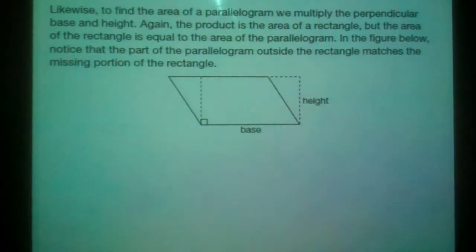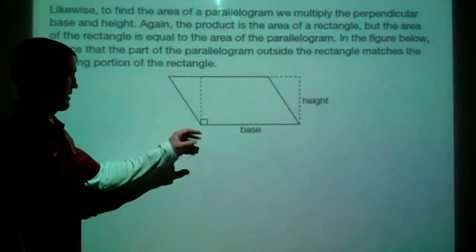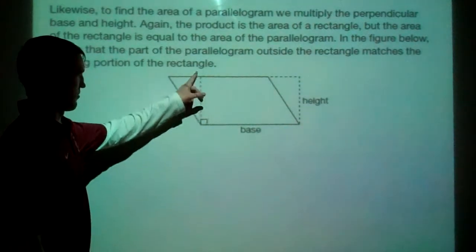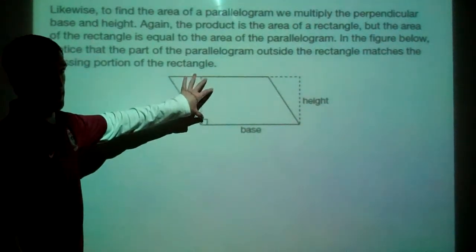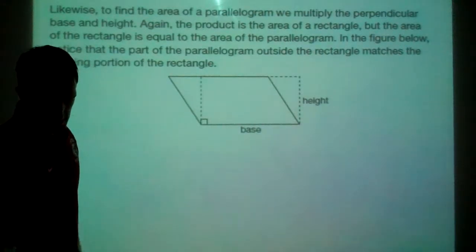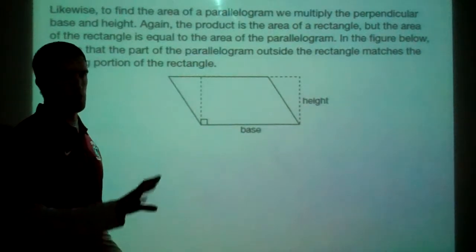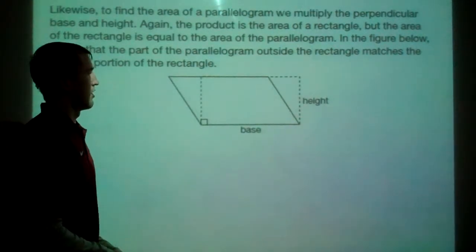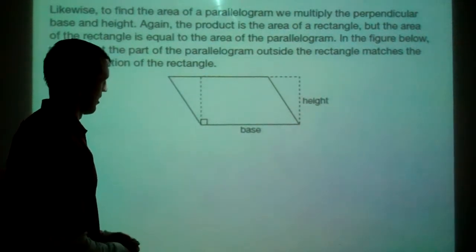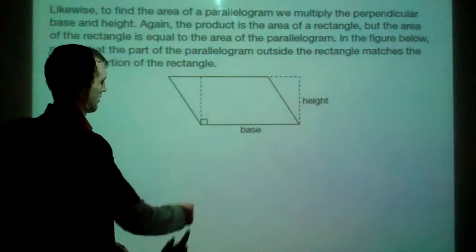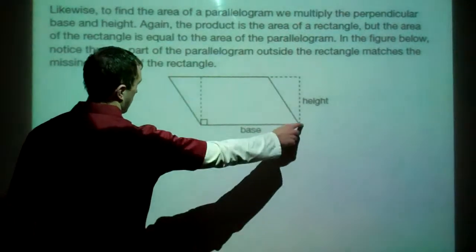We still want to multiply by the height at a 90-degree angle. So it'll be a straight line up and down between the base and the top. And what we should see is that it's basically a rectangle, but it's shifted or slanted. The height stays the same. What we can do is think about it like this. Here's our parallelogram.